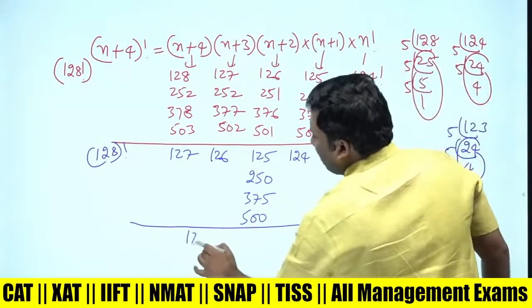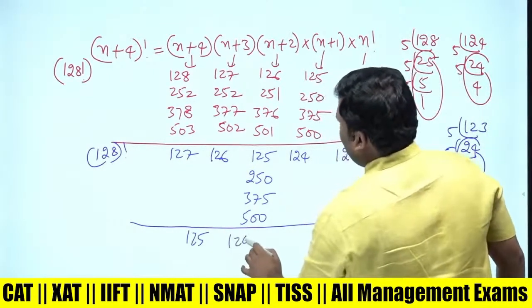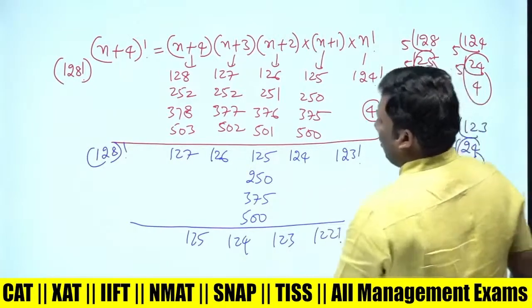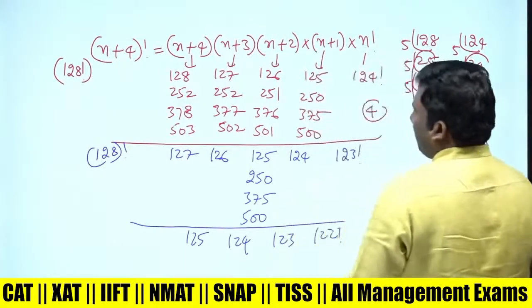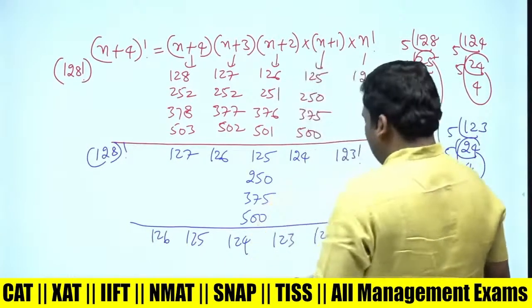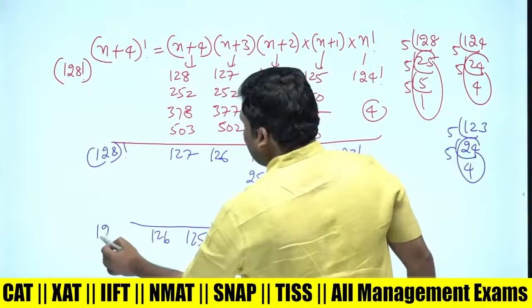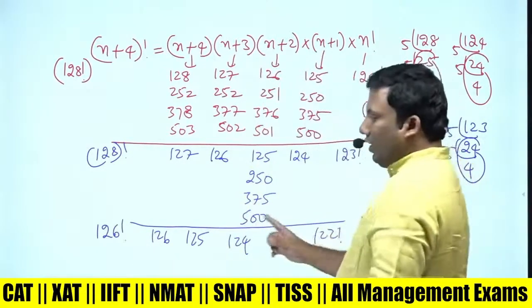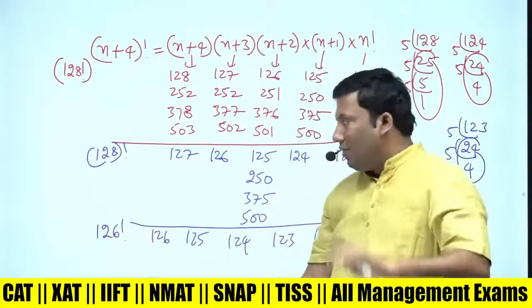If n plus 3 is 125, then 124, 123, 122 factorial, and this is 126 factorial. 122 to 126.